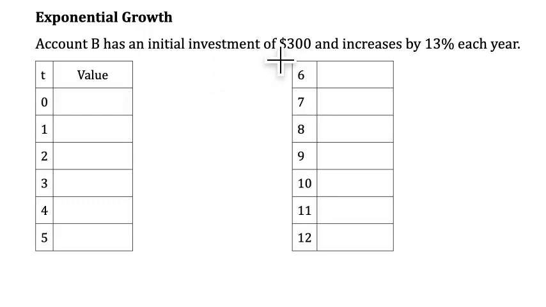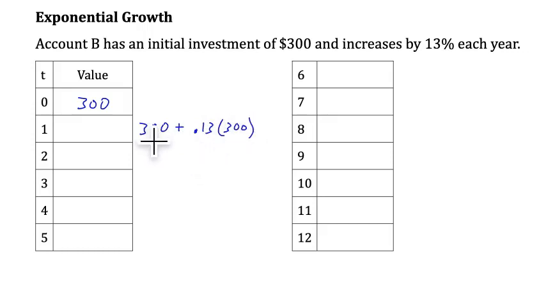Let's look at a different investment where we start with $300, but this time our investment grows by 13% each year. To figure out how much that is, we're going to take our original $300 and add 13% of 300, which would be 0.13 times 300.